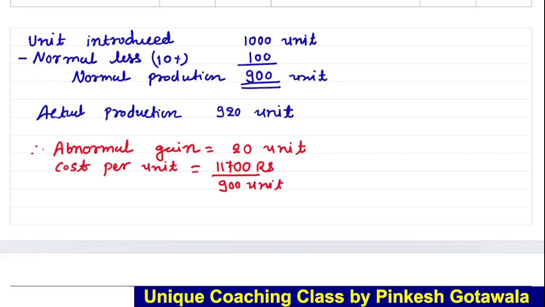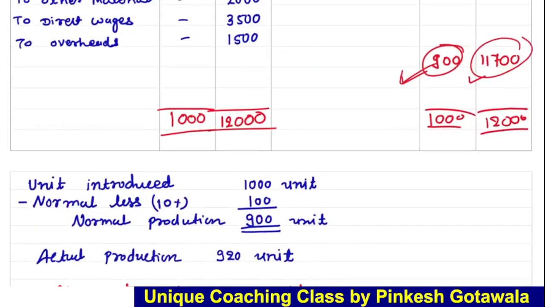Just divide them and you will get the per unit cost. So the answer will be 13 rupees. Clear? This is the way to calculate cost per unit. The same rules apply for abnormal gain or abnormal loss. And remember you have to do this on the calculator.